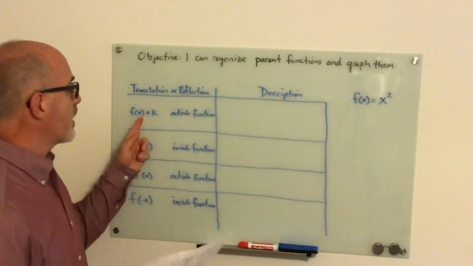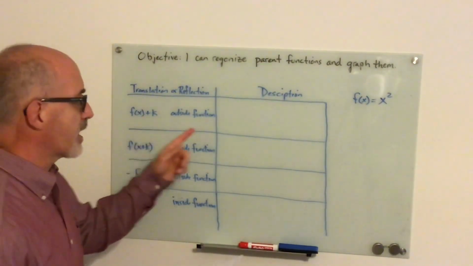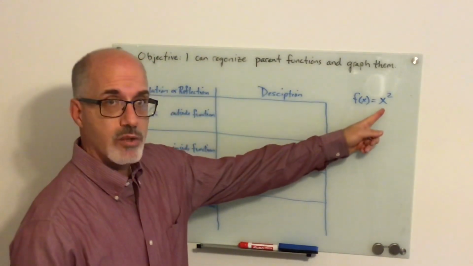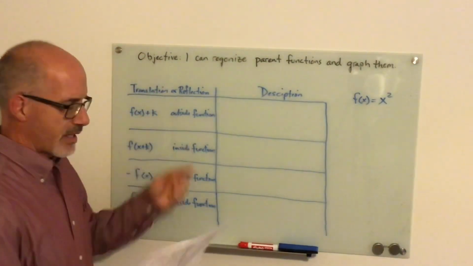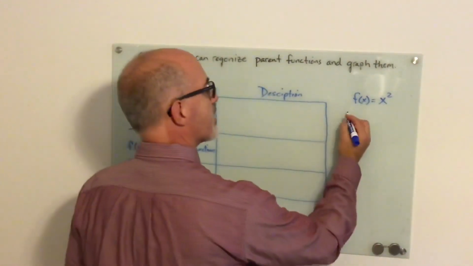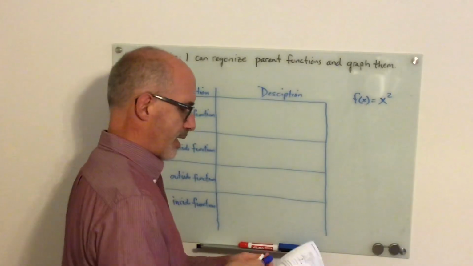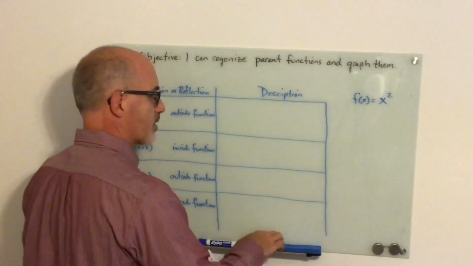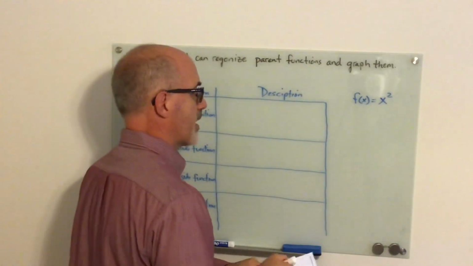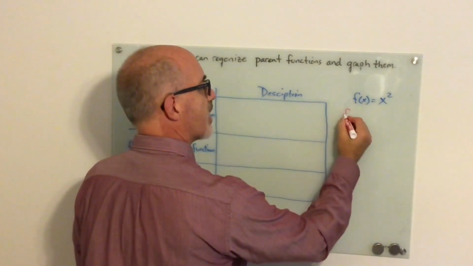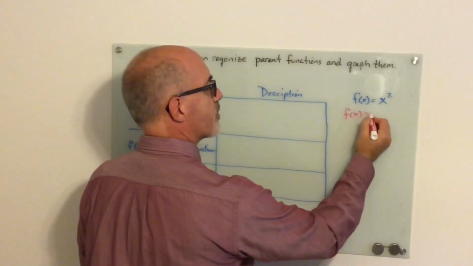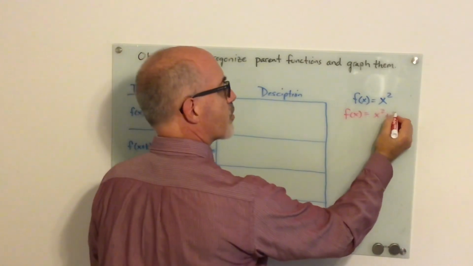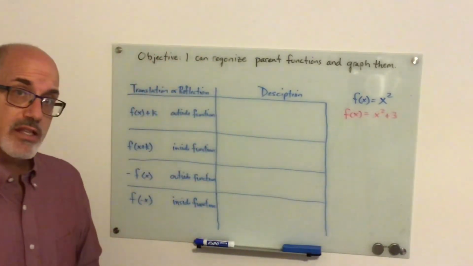First of all, whatever the function is, like here, this function is x squared. When I say outside the function, if I write this out as f of x equals x squared plus 3, notice that that's outside of the square.